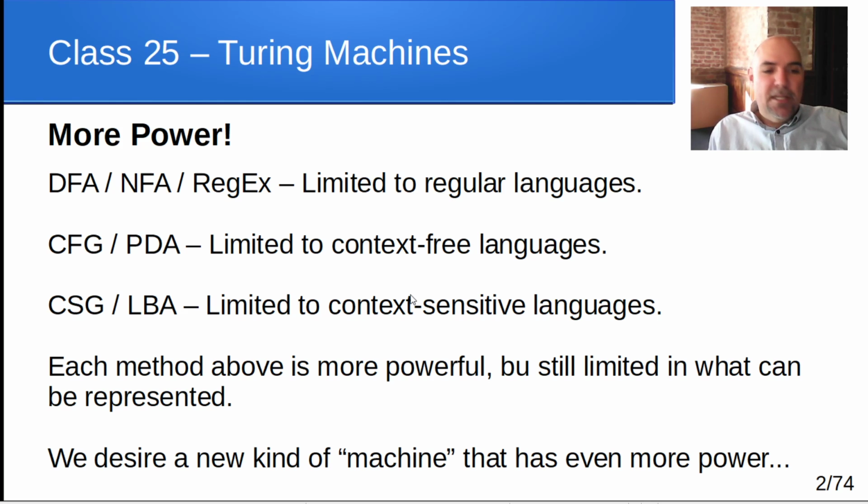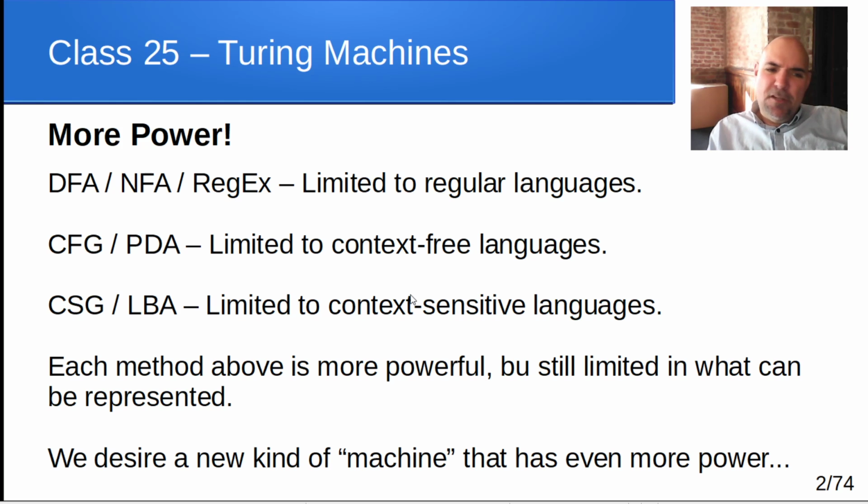And there's some things we didn't get to in this class: context-sensitive languages, meaning context-sensitive grammars rather than context-free grammars, and linear bounded automata. We didn't talk about either of those this semester, but those increase the scope a little bit further.